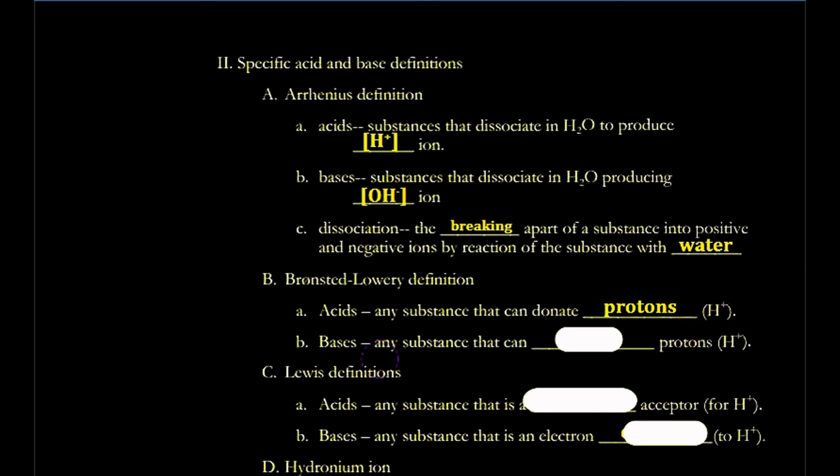And a base is any substance that can accept protons. So the other water molecule that didn't give up the hydrogen actually accepted a hydrogen, and that became H3O plus. So in that case, it was a base. You can see how the hydrogens going back and forth can turn water into both an acid and a base, and we're going to get into that in a minute.